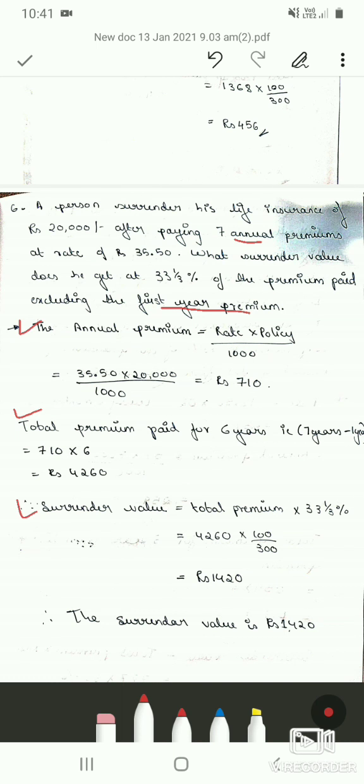Now the surrender value would be the total premium into the percentage given, which is rupees 4,260 into 100 by 300, which is rupees 1,420. So this is your surrender value.